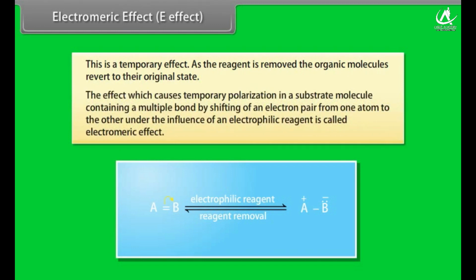The effect which causes temporary polarization in a substrate molecule containing a multiple bond by shifting of an electron pair from one atom to the other under the influence of an electrophilic reagent is called the electromeric effect. Types of electromeric effect.